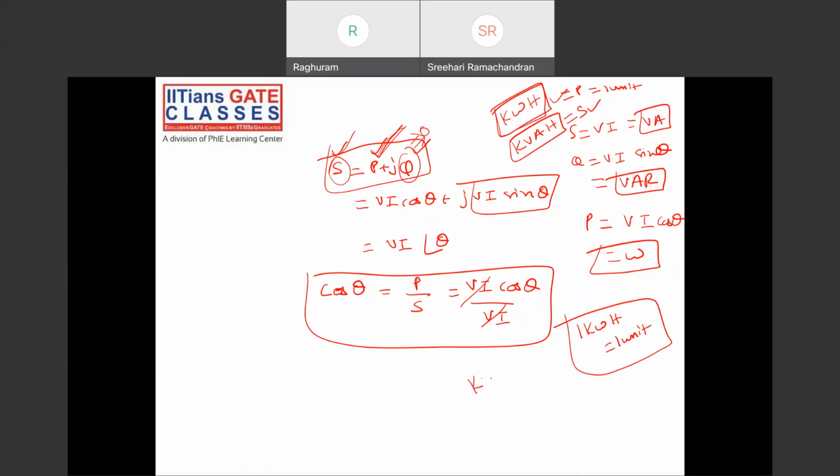Maximum demand is the maximum of the total power you consumed in that month or that year or that given period of time. It is a maximum of all those. You can call it the maximum demand or the demand. It can be kilowatt, kVA, or kW. Mostly it will be kW, not kVA.